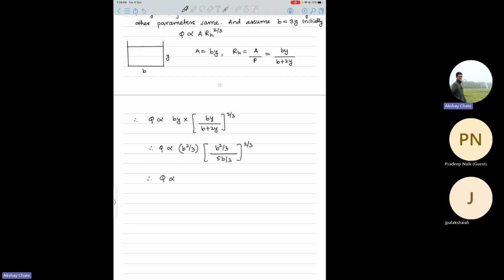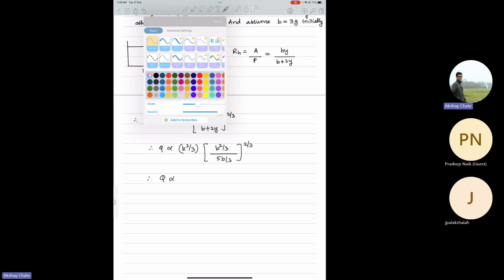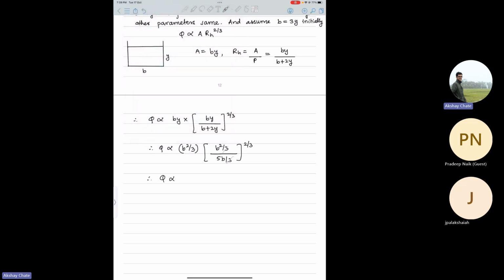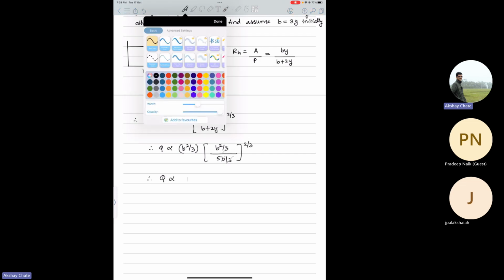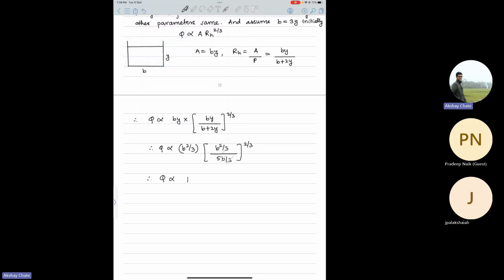This 3 will get cancelled, and 1 b will get cancelled. So this becomes 1 by 3, and from here 1 by 5 power 2 by 3 will come out, and there will be b square and b power 2 by 3.